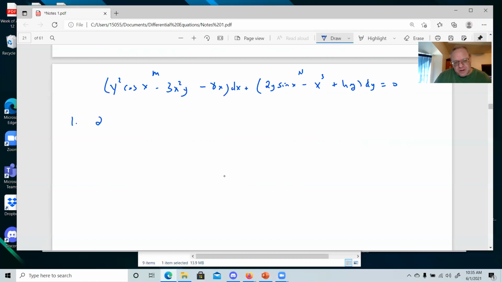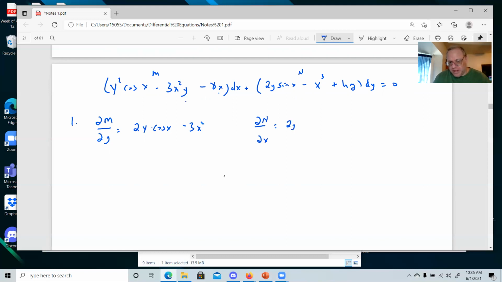So we're going to check dM by dy. We're taking the derivative with respect to y. The cosine of x is a constant. So we have 2y times cosine x minus 3x squared. And since we're taking the derivative with respect to y, the negative 8x is 0. And we're going to say dN by dx. So 2y is constant, and the derivative of sine x is just cosine.